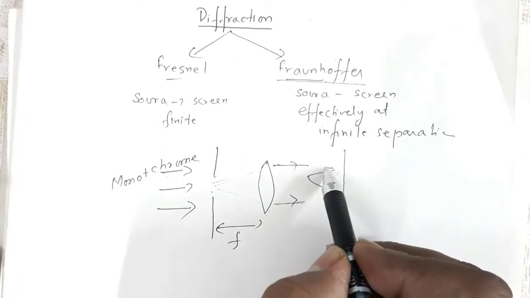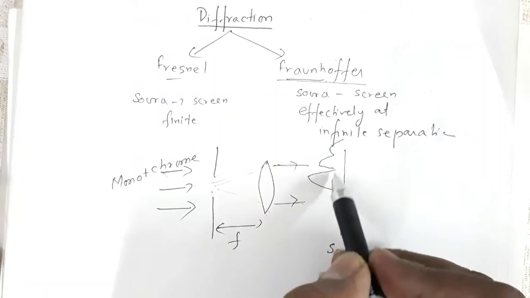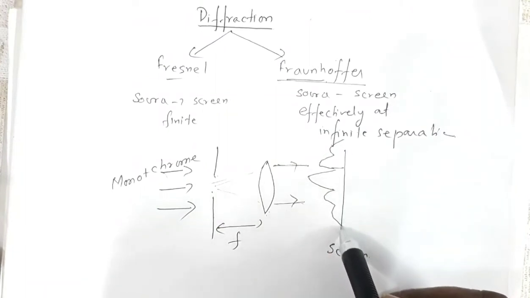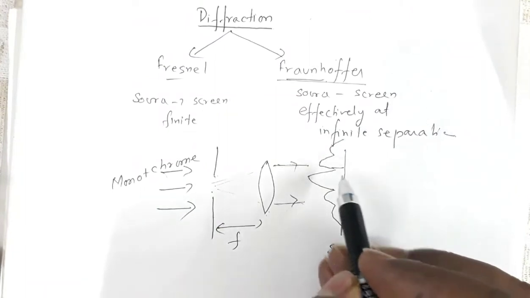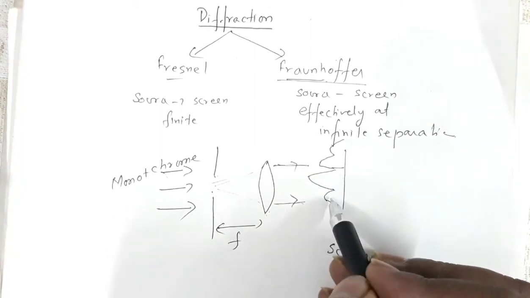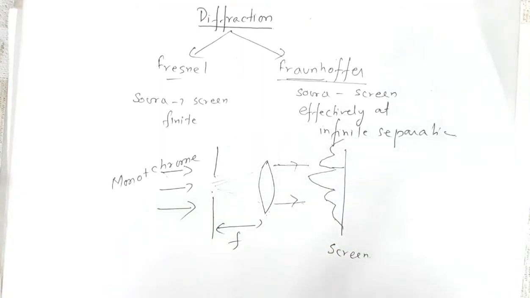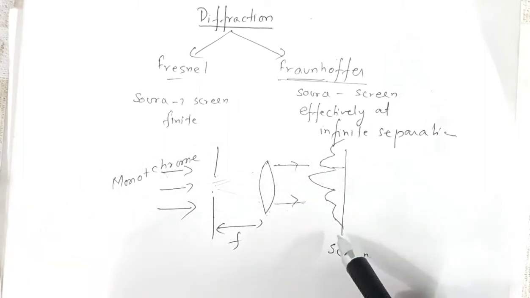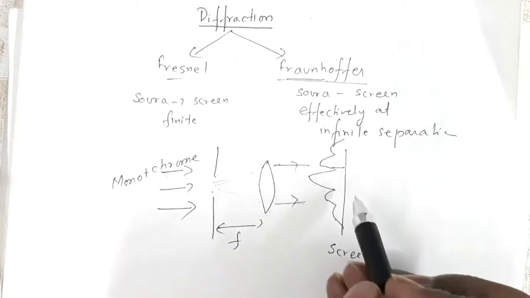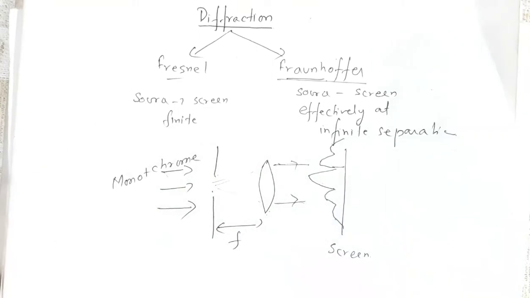This is the central maxima, this is the first secondary maxima, the second secondary maxima. As you move away from the central maxima, the intensity of the maxima gradually decreases on either side. So this is the diffraction pattern. In interference all the maximas were of equal intensity, but in diffraction the intensity gradually decreases.